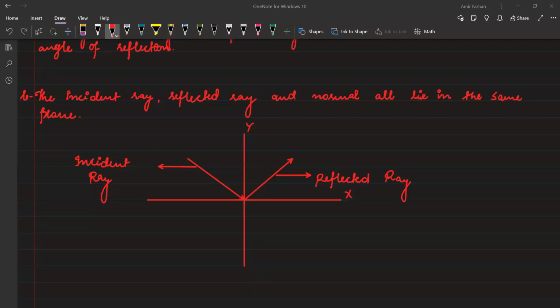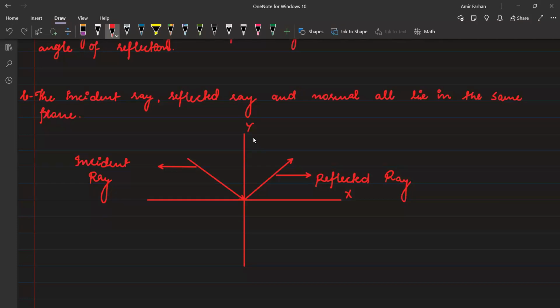So they all lie in the same plane. In the X and Y axes. It can be any two axes, X and Y, Y and Z, or X and Z. Sideways means what, Ayaan?